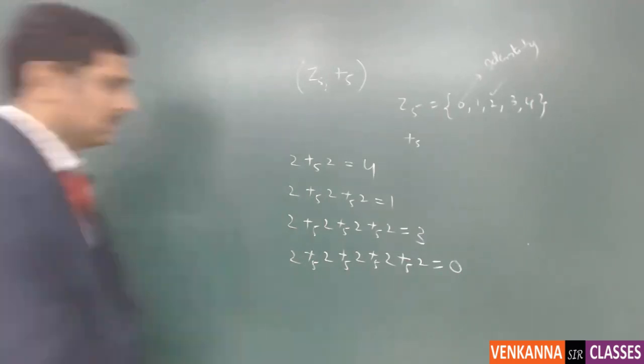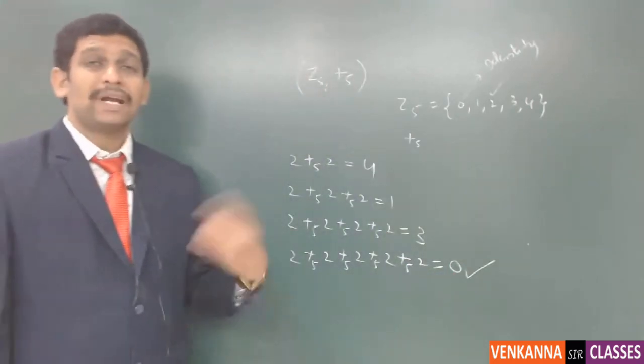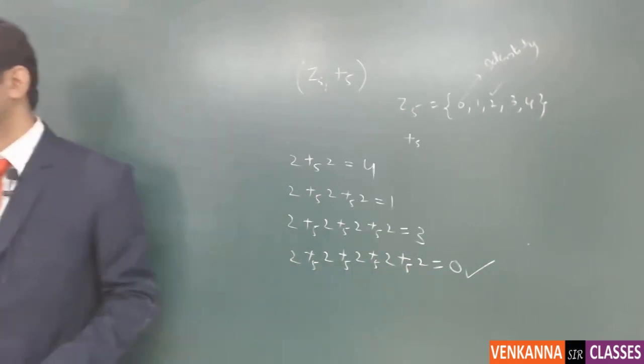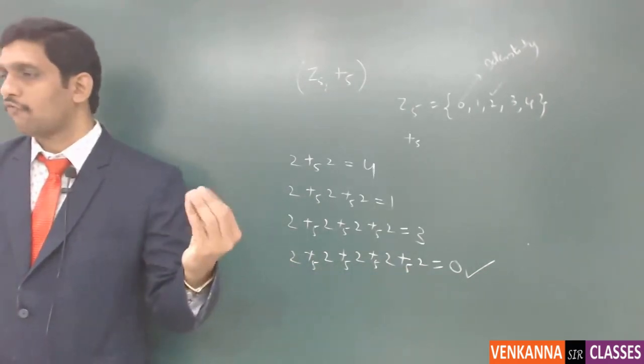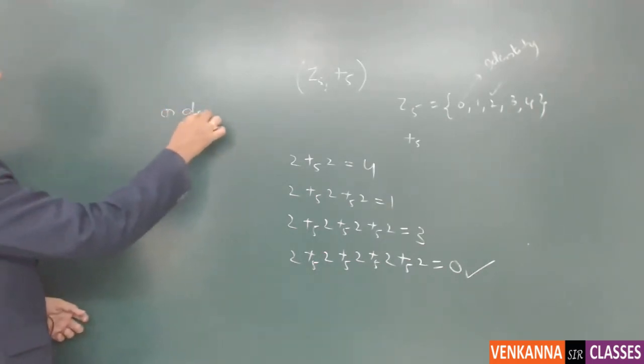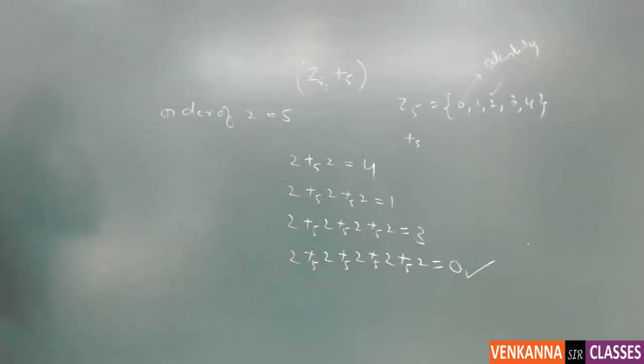So here 0 has come by applying the operation for 2 how many times? 5 times. So order of 2 is nothing but 5. And you can do the other thing.